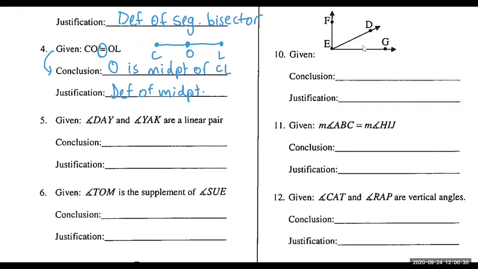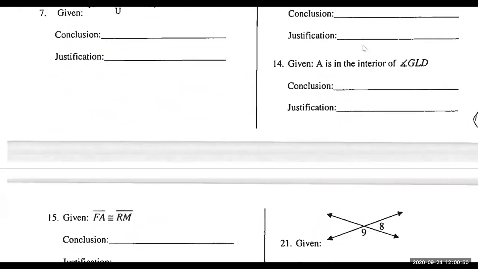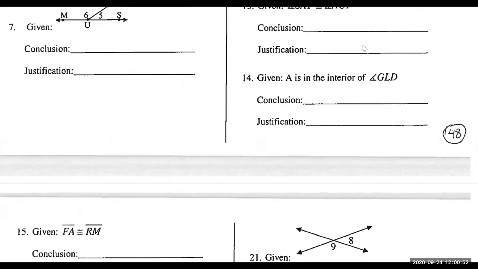What was step 3, Richard? Oh yeah, you needed to do the swap. Thank you again. So if that was my given, my conclusion is really kind of like, what statement can I make? And then justification is, what reason can I provide? This is towards the back of your same packet, page 48.